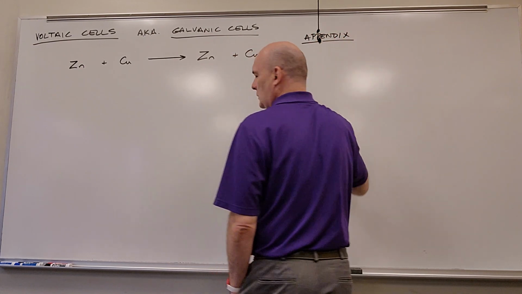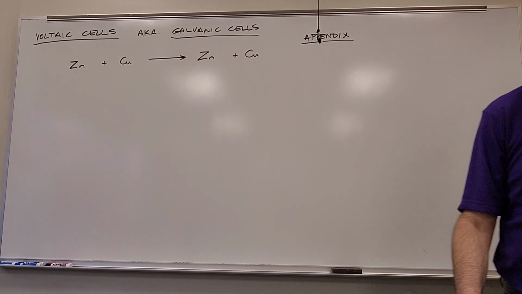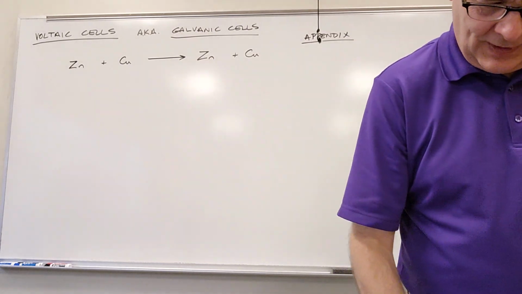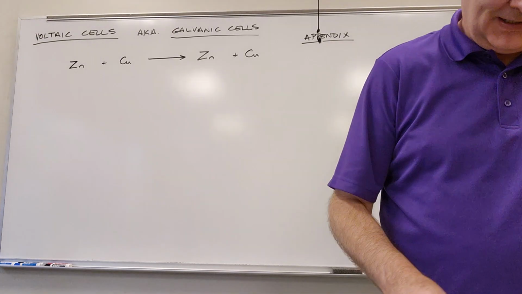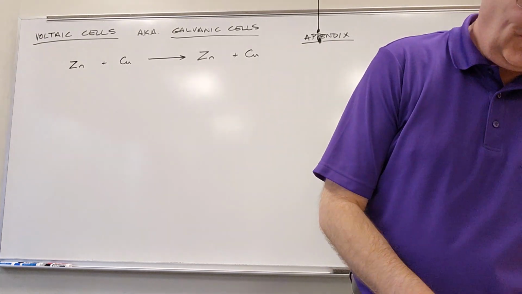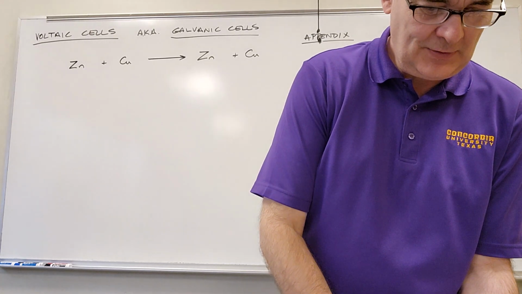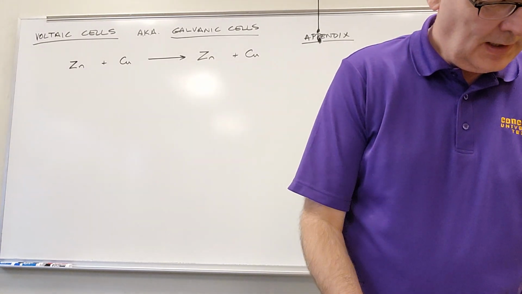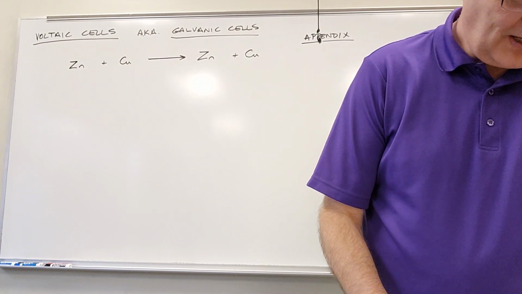Is it like Appendix G in our book? Did we look yet? I don't think we've looked yet. I think we were up to Appendix G for something else, so this might be Appendix H. What we're looking for is a thing called standard reduction potential. I is formation constants. What comes before I?